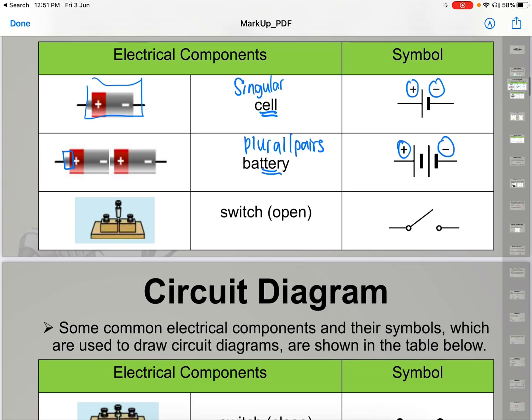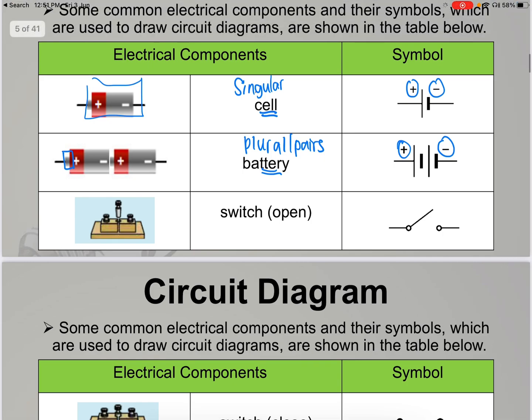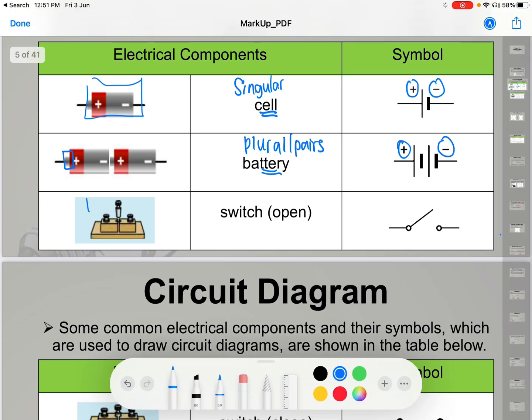Okay. Now in electrical components, sometimes we will use a switch. Now this switch has the ability to allow the current to flow or to stop the current from flowing, right? Now, a switch typically looks like this in reality. But when we draw it, let's just draw two small circles. And if it's an open switch, it will come up like that.